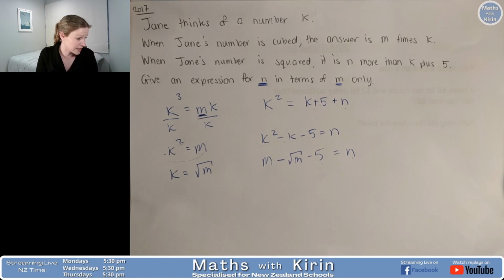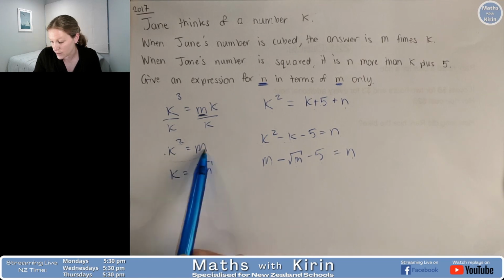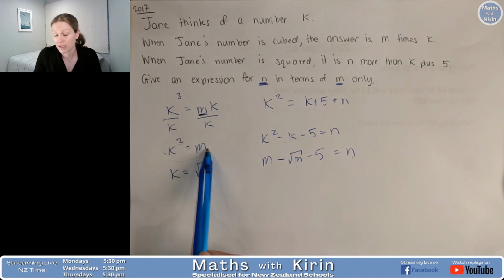So for that question, it's another excellence question. Quite a lot going on there. So for achieved, you do one of the following. You can find that k squared is equal to m. So if you do that, that would give you achieved.